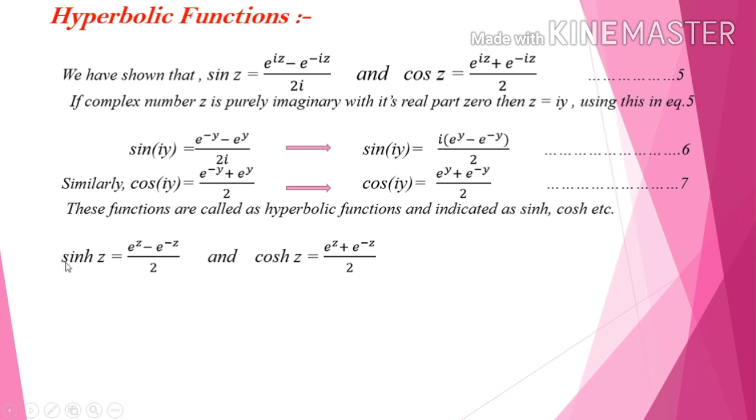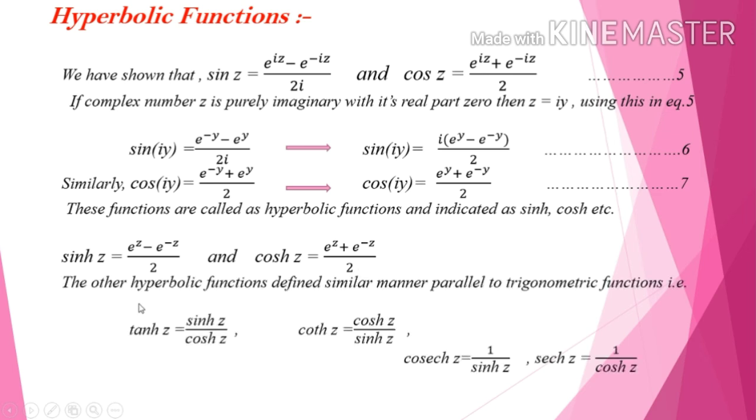Okay, so we can write sine hyperbolic z equals e raised to z minus e raised to minus z divided by 2, and cos hyperbolic z equals e raised to z plus e raised to minus z divided by 2.